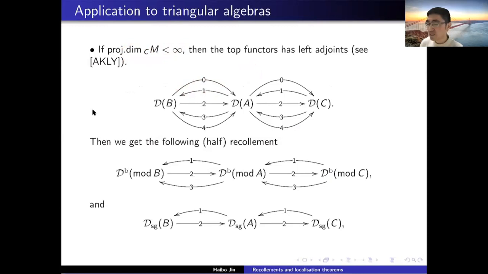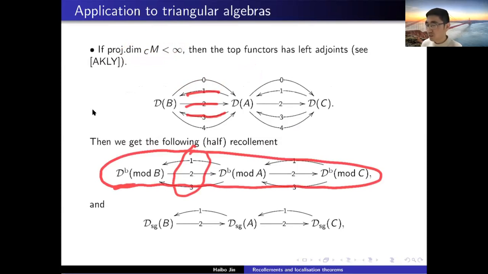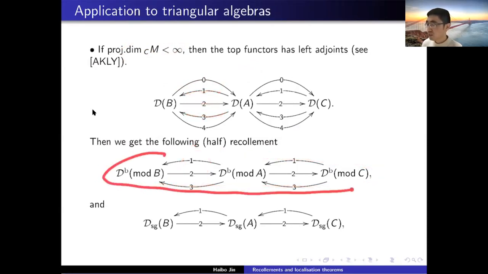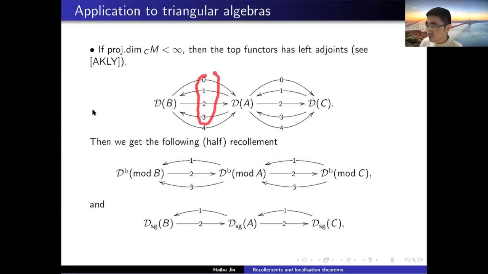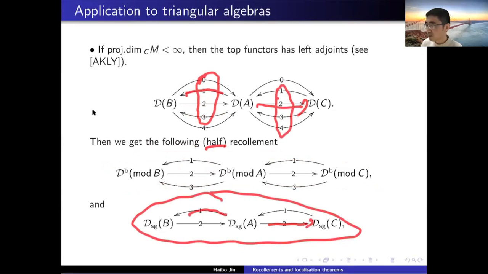In this case, by our theorem before, the middle functor always restricts to D^b, then we get a recollement of bounded derived categories. I think this recollement is known by many people. And by using another result, using these functors 0, 1, 2, 3, we know 1 restricts to the singularity category. If you use 1, 2, 3, 4, then we get 2 restricted to the singularity category. So we get such a diagram, we call it a half recollement.